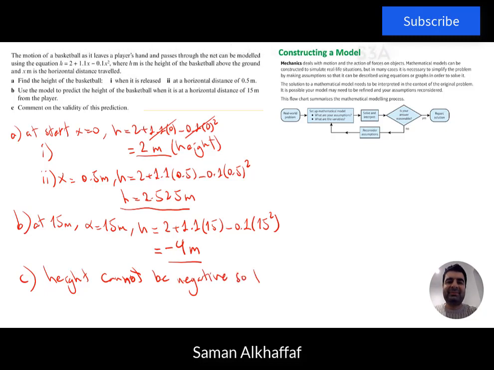So the model is not valid when x equals 15 meters. And this will be our explanation, because it's not possible to have height in negative values. And this will be our answer for this question.